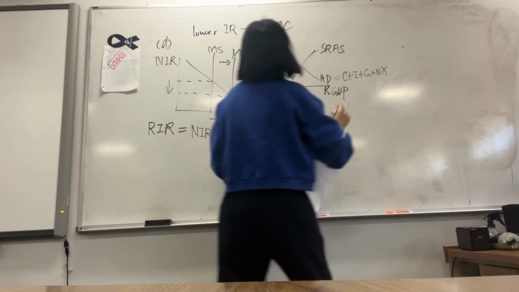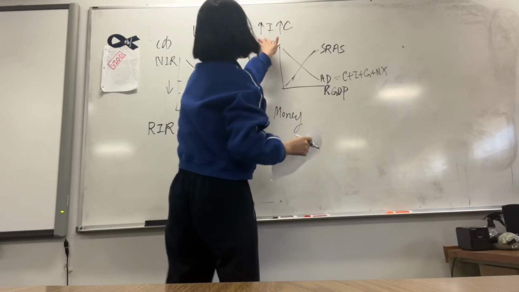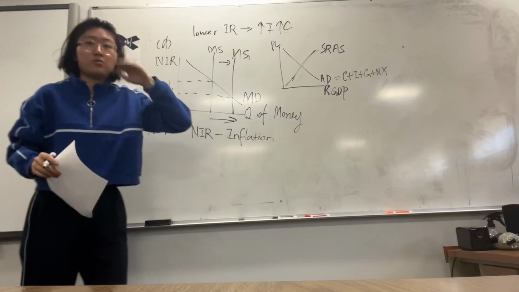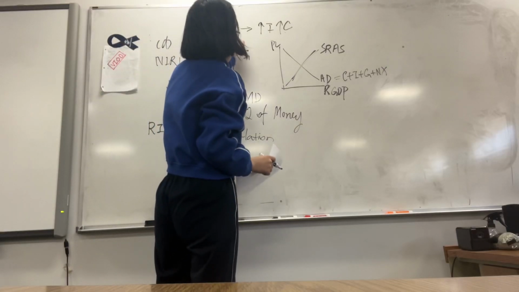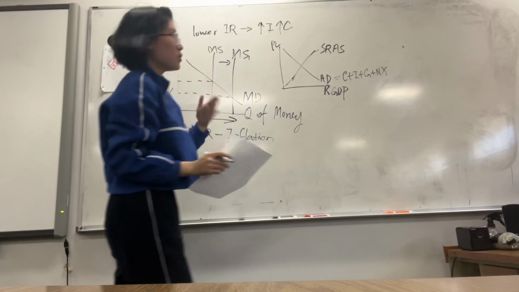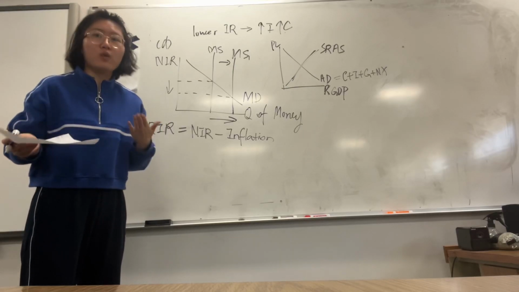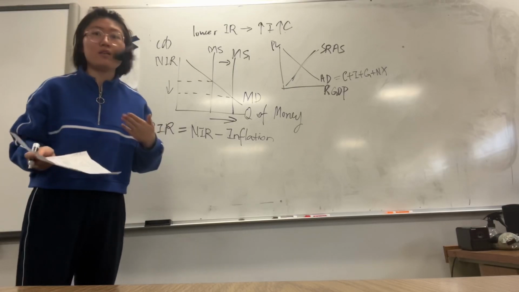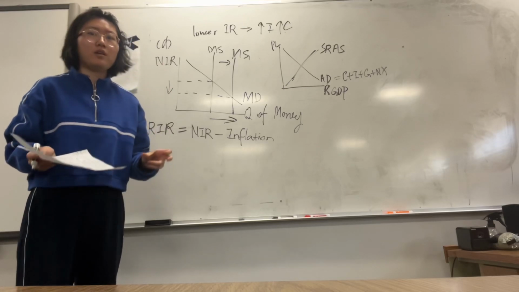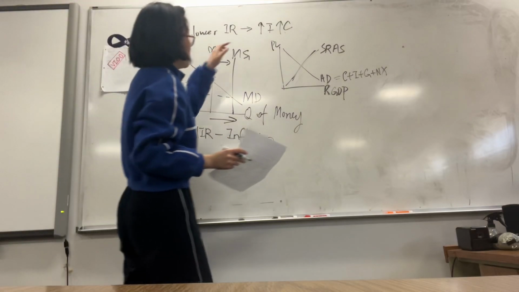So, thinking about the logic a little bit here: if you decrease the interest rate, then for investment, if the interest rate right now is very low, it's not worth it to save your money in the bank because you get a lower return. Instead, you're better off doing the investment.